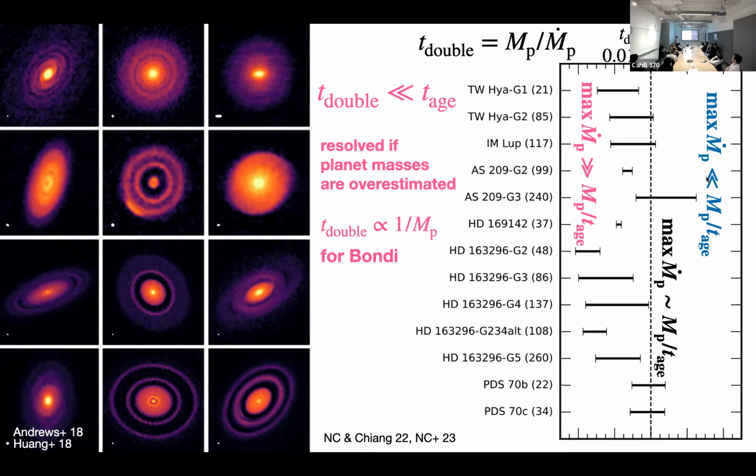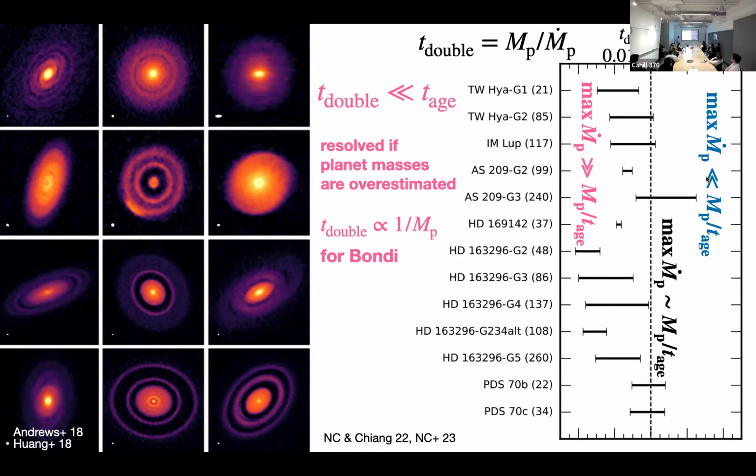Tricky, because it's all CO. And to convert CO to H2, you need a CO to H2 conversion factor. So there's actually physical meaning in these error bars. They mean something about whether CO is depleted in circumstellar disks, about CO chemistry and freeze out.